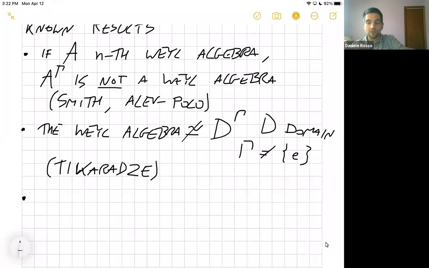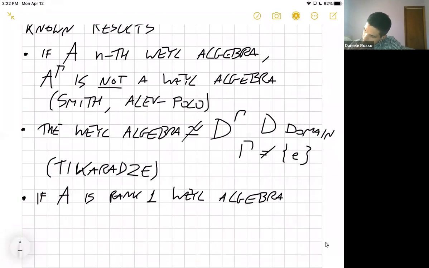There are also some positive results. If A is the rank 1 Weyl algebra, and now we're looking at things fixed by a group generated by a single automorphism, then A upper phi is not going to be a Weyl algebra, as Smith and Oller and Polo proved, but it is going to be a GWA, a generalized Weyl algebra.